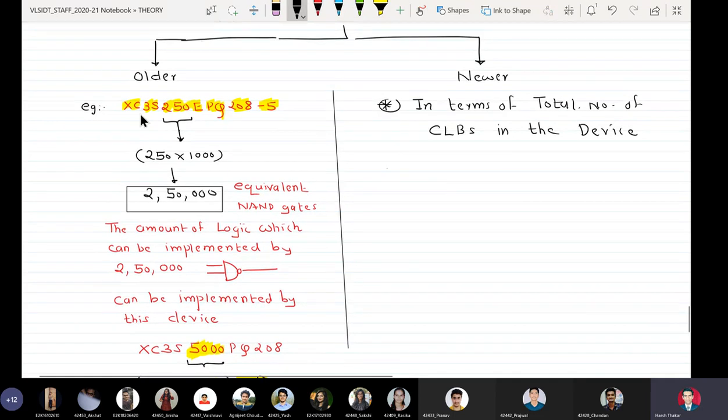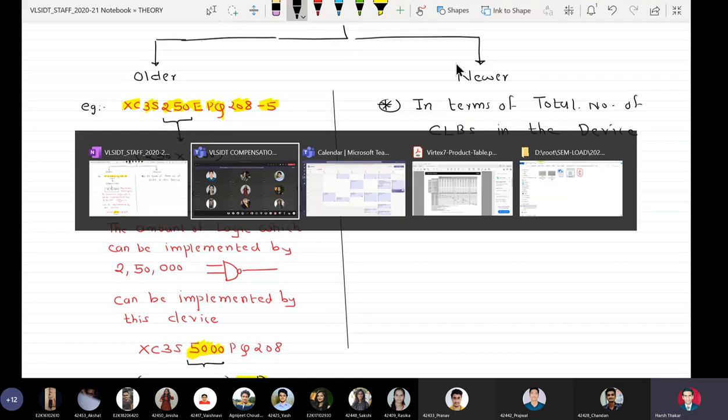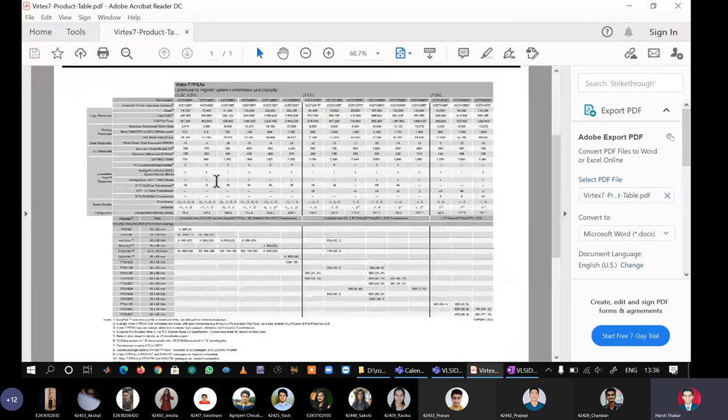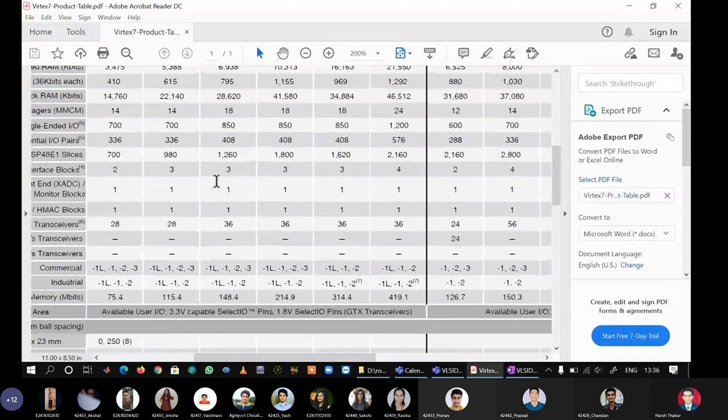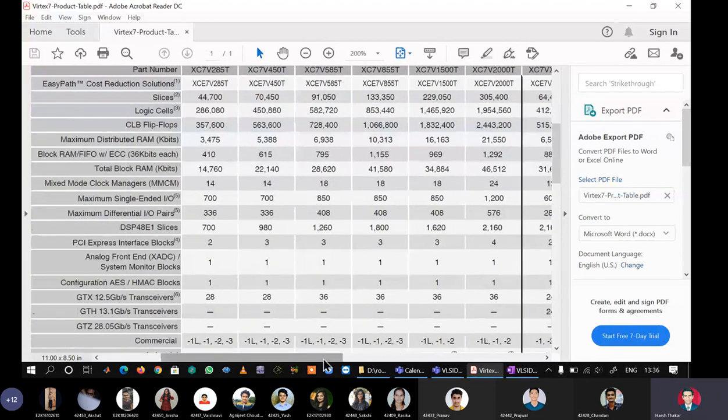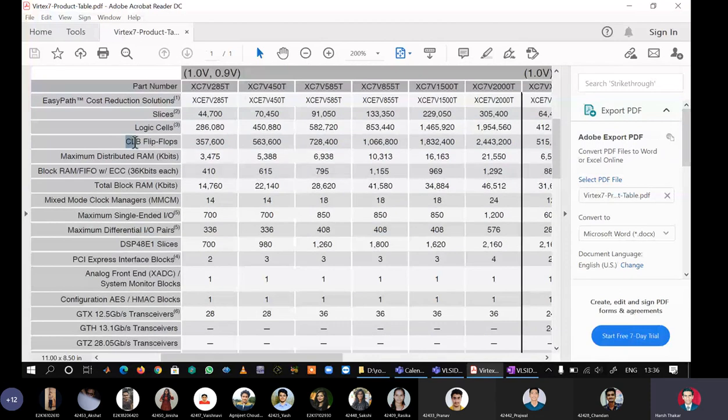I will flash to you the datasheet of Virtex 7 here. This is the product table of Virtex 7 series, and we see here it is written CLB flip-flops, and here the device is there, XC7V.